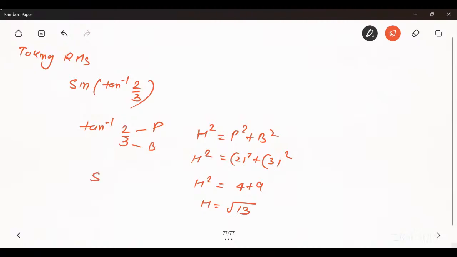So sine is equal to perpendicular upon hypotenuse, 2 upon root 13. So in place of tan inverse 2 by 3, I can put sine inverse 2 by root 13.